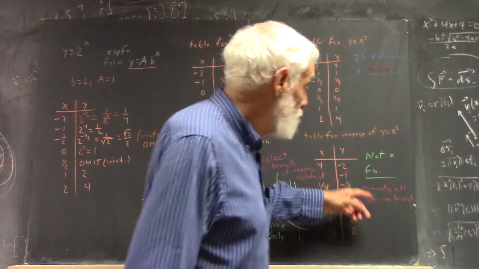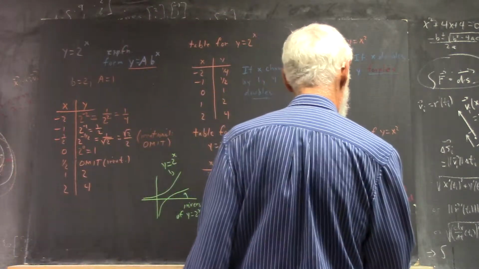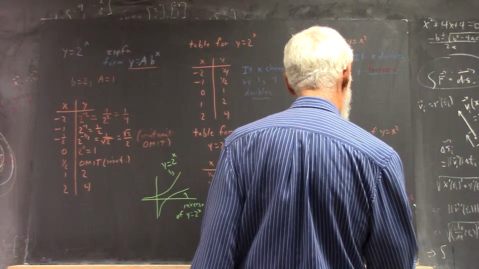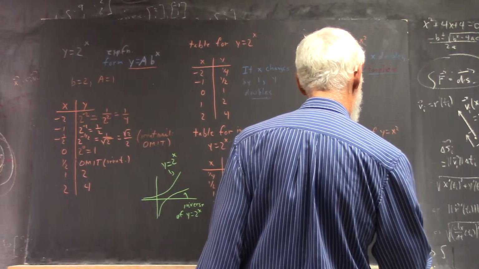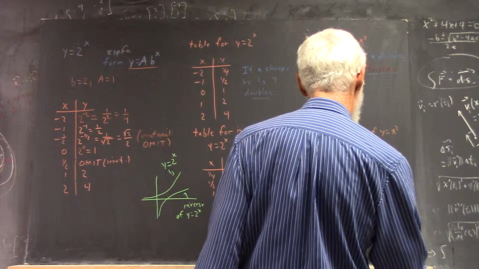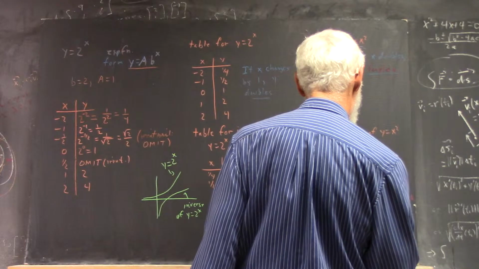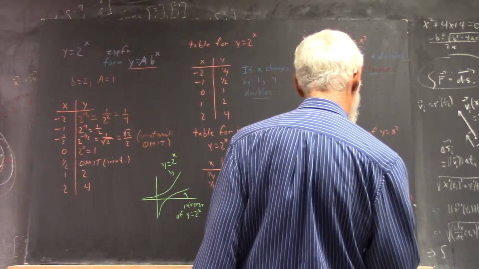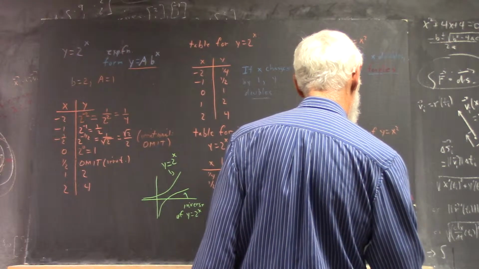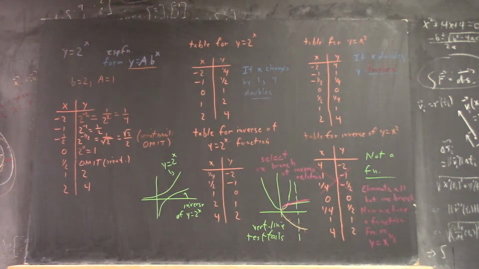Okay, so we eliminate all but one branch, and we're left with the function y equals x to the 1/2, or square root of x.